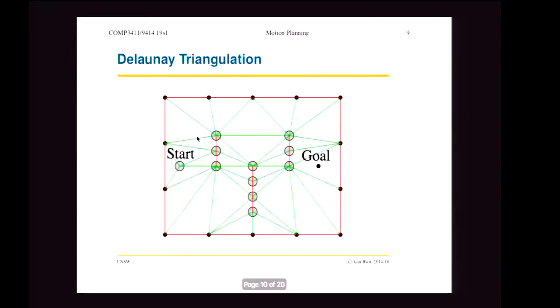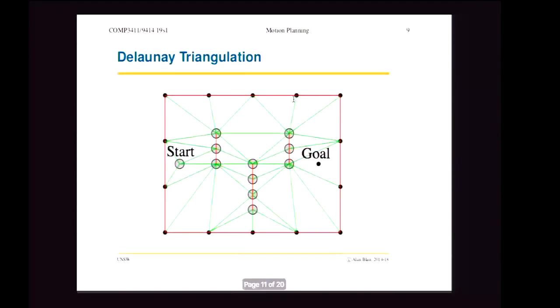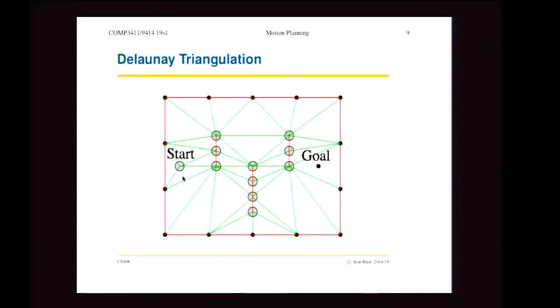Okay, so this green thing is called the Delaunay triangulation. Now, as I mentioned, the actual graph we're searching on is the dual of this, and it's called the Voronoi diagram. Its vertices are the centers of these triangles, and the edges are edges that go between neighboring triangles.